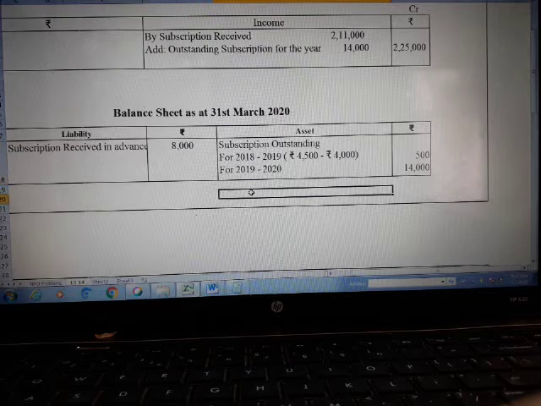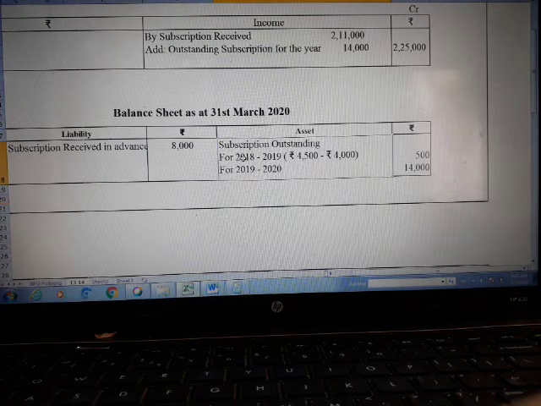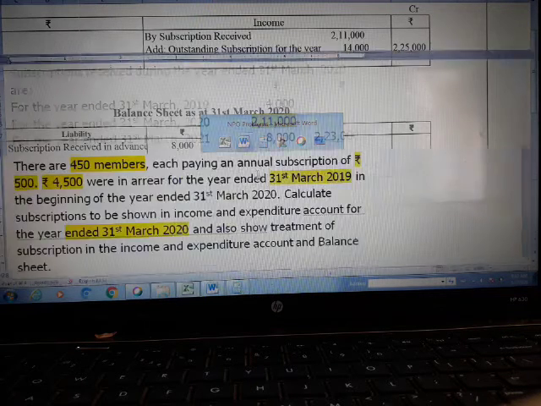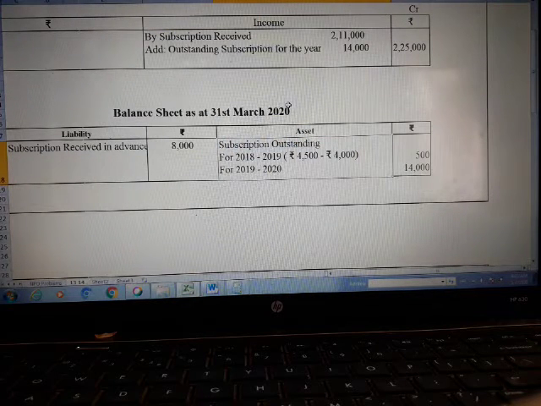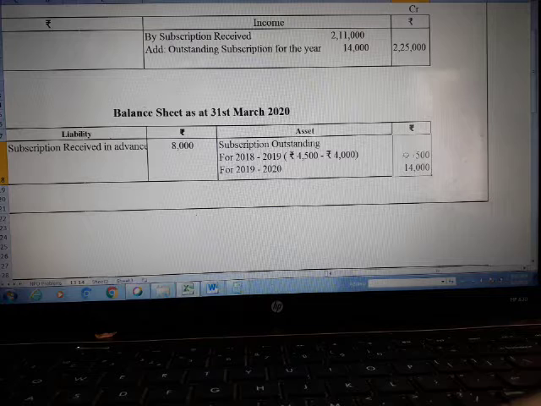One for the year 18-19, because it is given in my question that as of 31st of March 2019, the overall amount of arrears is 4,500, but only 4,000 I received, which means 500 is still not received. So that becomes outstanding for that particular year 18-19. So that 500 I'll show.